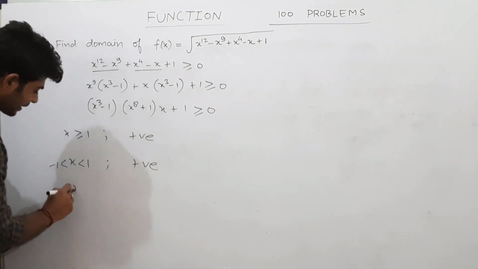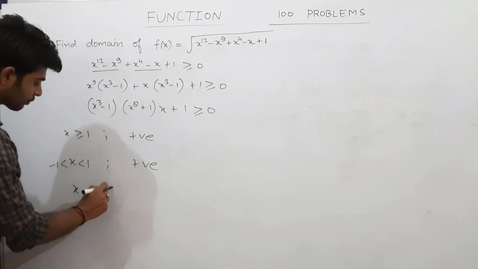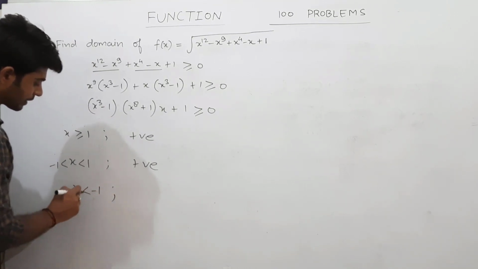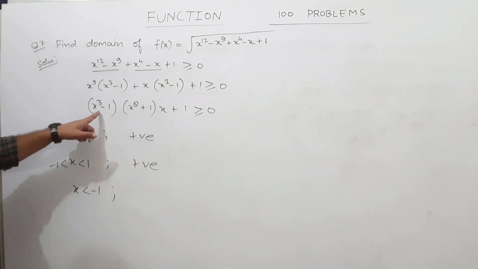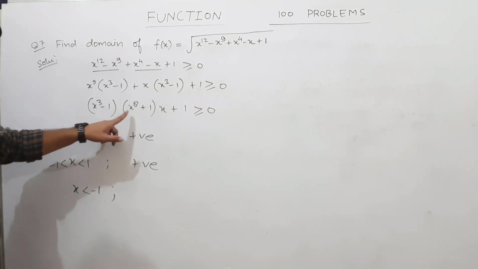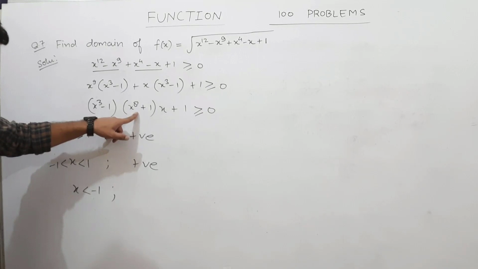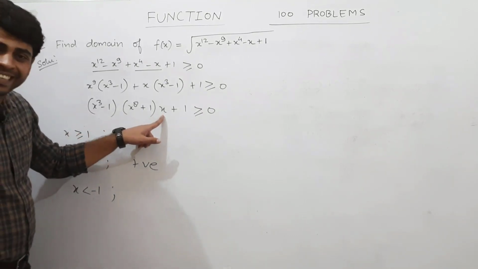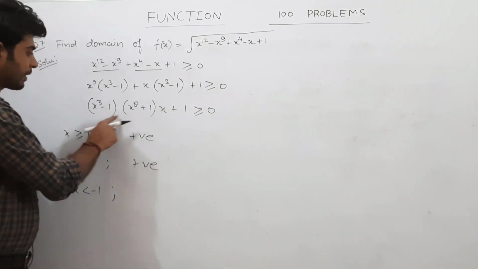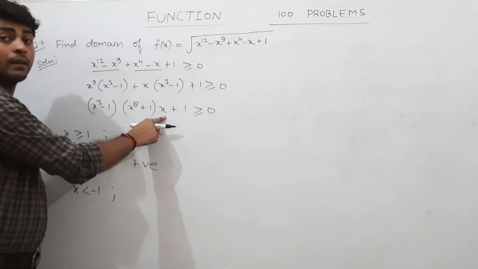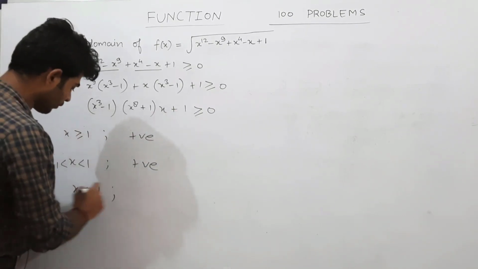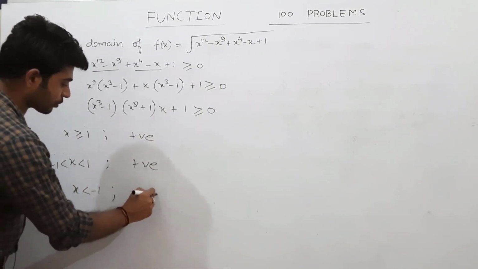Similarly, when x is less than minus 1, it will be a negative value, this will be a positive value, and this will be a negative value. Overall negative, positive, negative, the product will be positive, plus 1 positive. So for x less than minus 1 also it is positive.